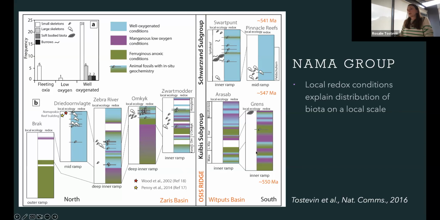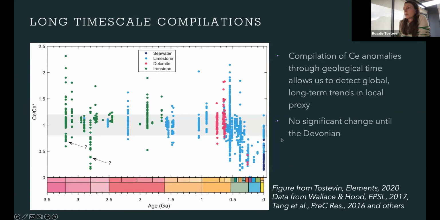We can also look at long time scale compilations of cerium anomalies in carbonate rocks. Even though the signal is telling us very much about local conditions on the shelf, if you compile enough data over geological time, you might start to see a significant pattern emerging that's telling you something about global availability of oxygen.